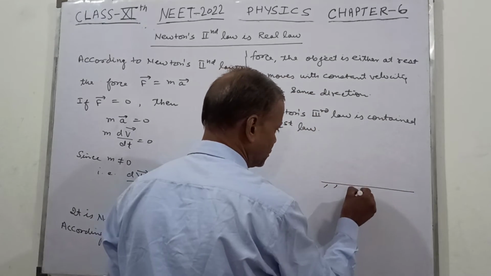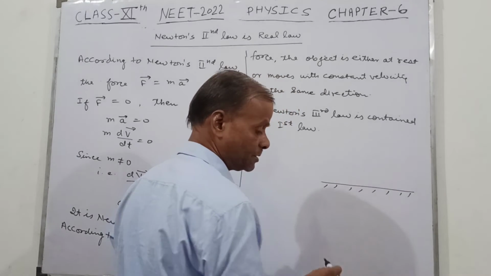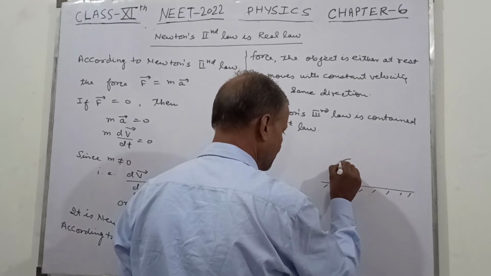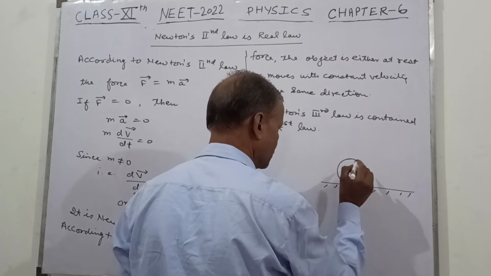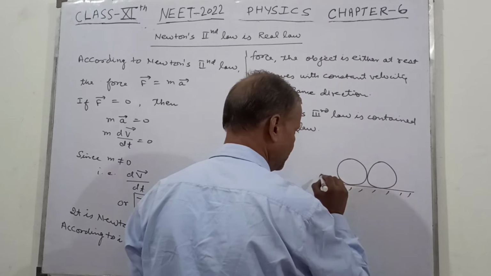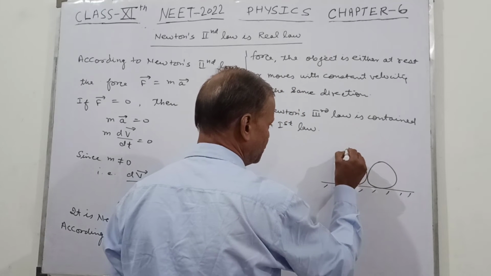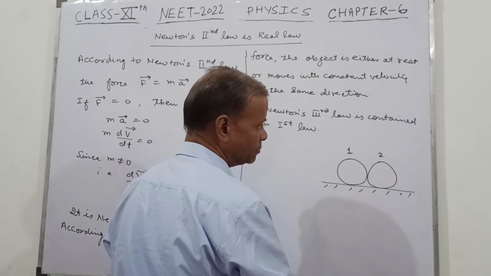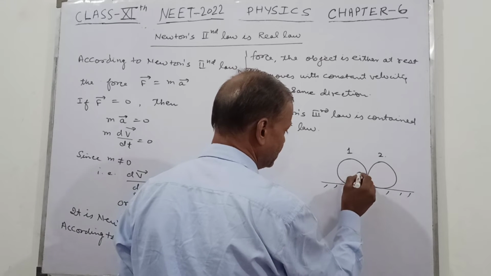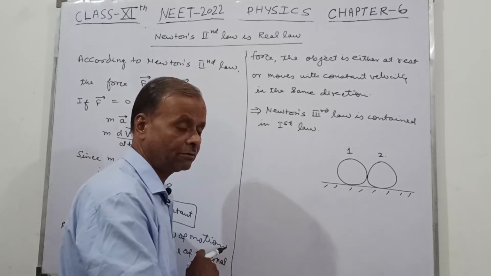This is the ground or some platform. These are the two objects which are in contact with each other. This is object 1, this is object 2. They are in contact with each other, which means they are applying force on one another.